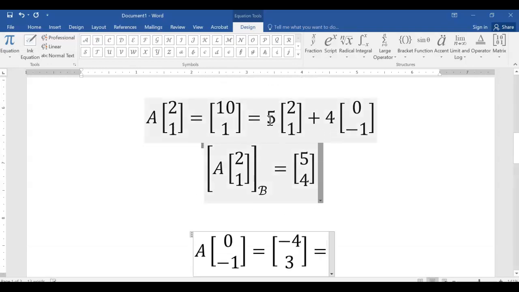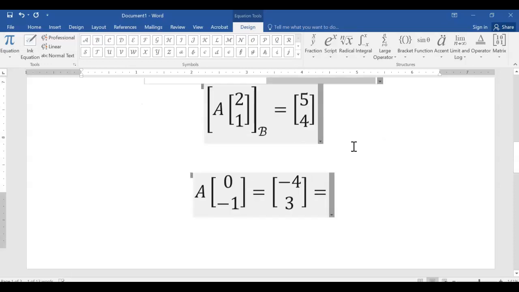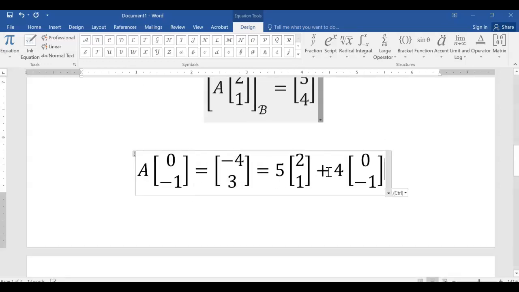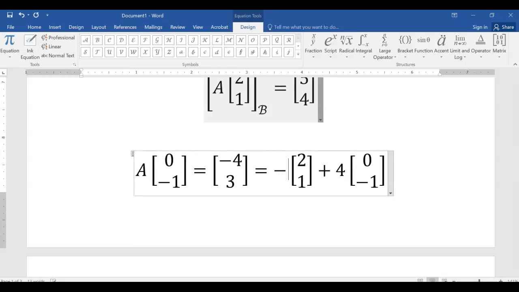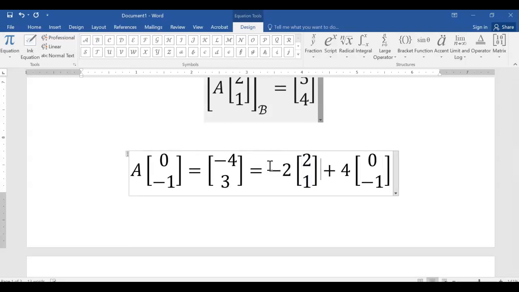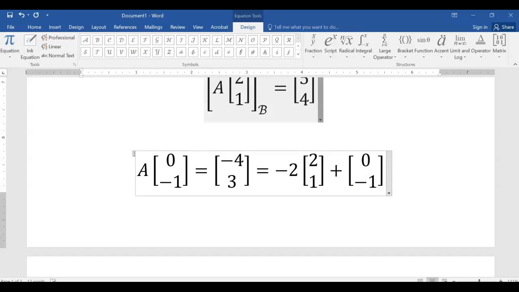Now, if you wanted to write that as a linear combination of 2, 1 and 0, -1, think about this. Top entry needs to be a -4, so you're going to take that times a -2, and then -2 plus what?